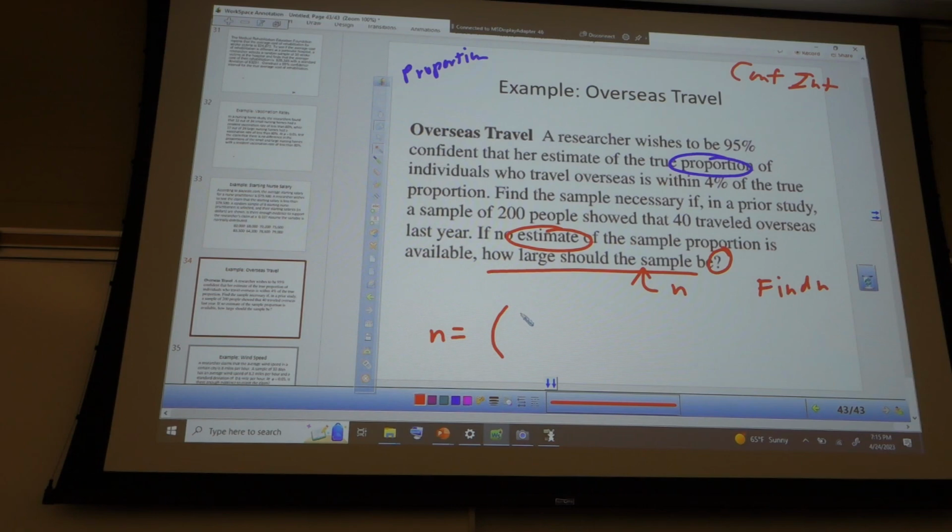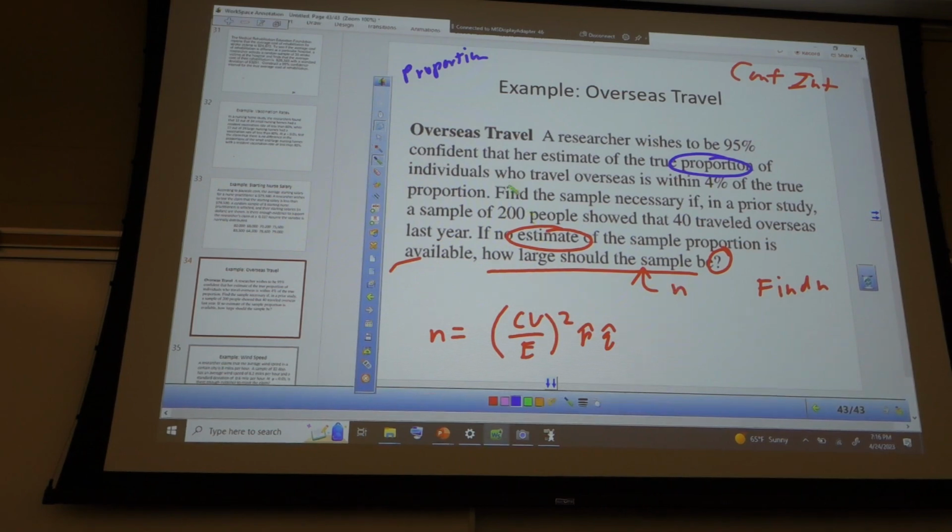You should have circled it because this is one of the things I told you to circle. P hat and q hat, parentheses, critical value over E, squared. E squared times p hat times q hat. Everybody got that? Okay.